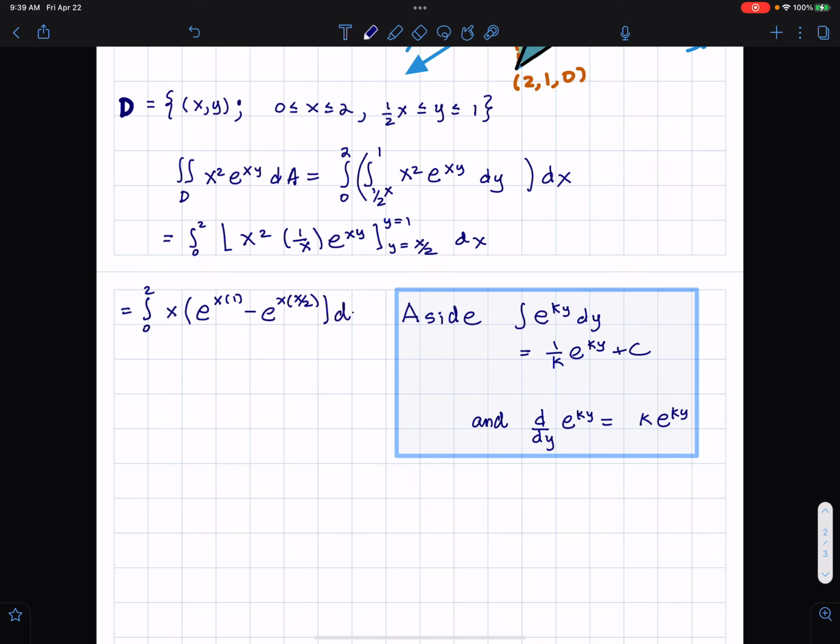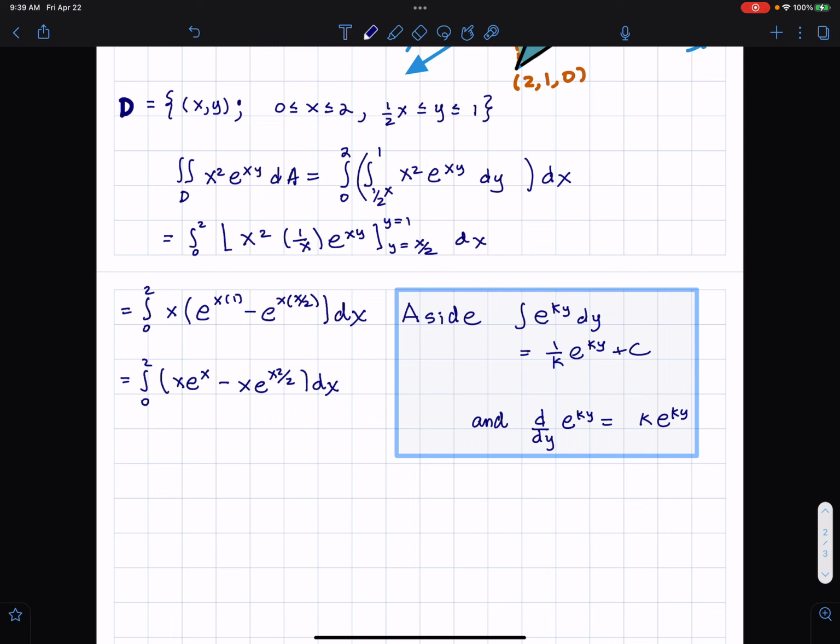So things are really getting exciting and pretty darn fun here. Okay, so x times e to the x, I get x e to the x minus x e to the x squared over 2.